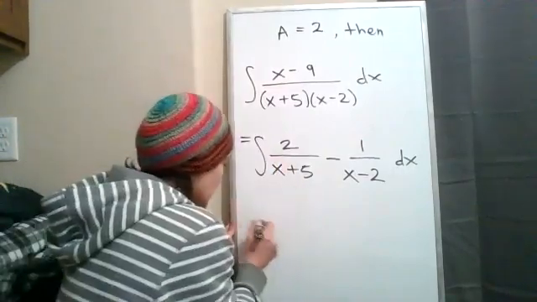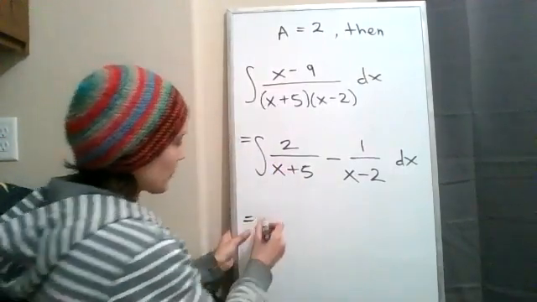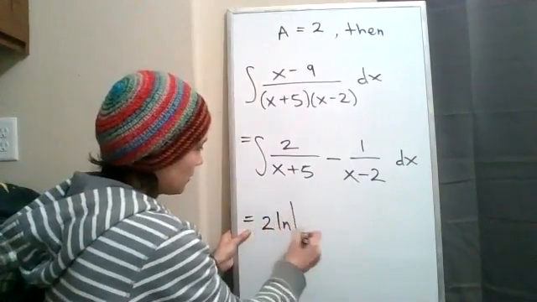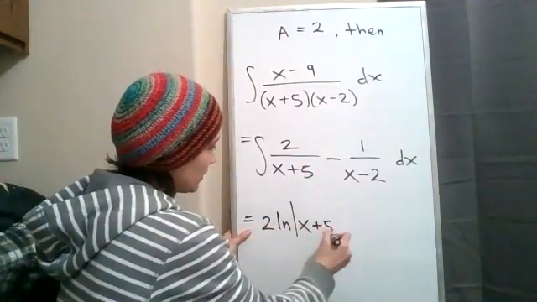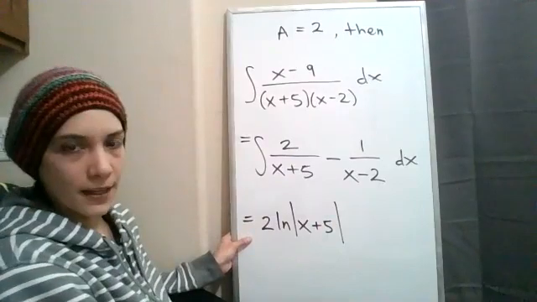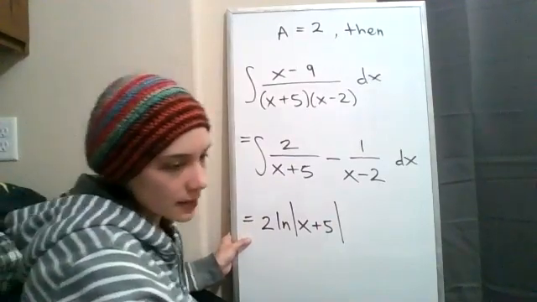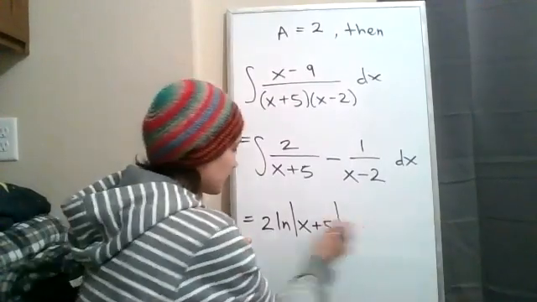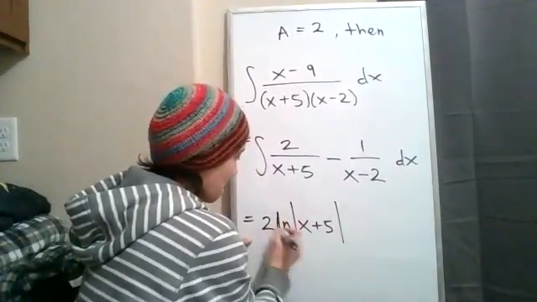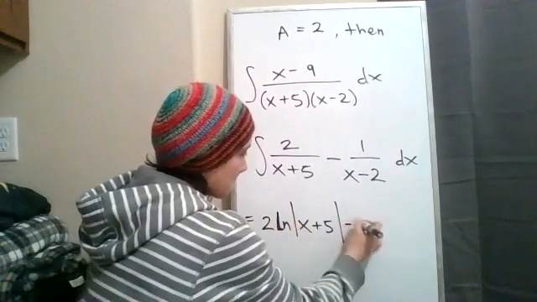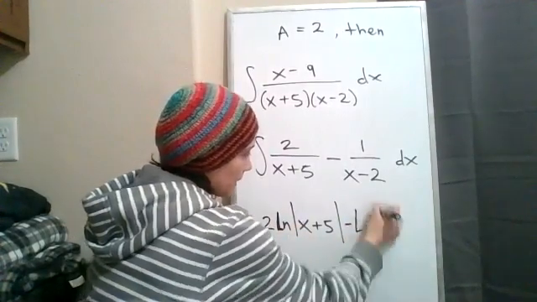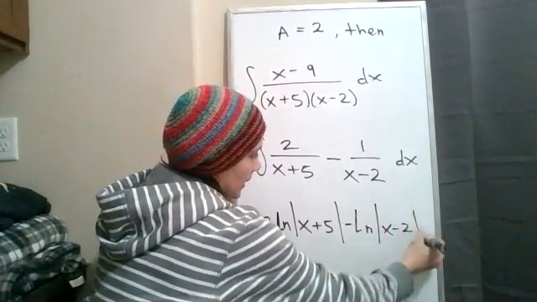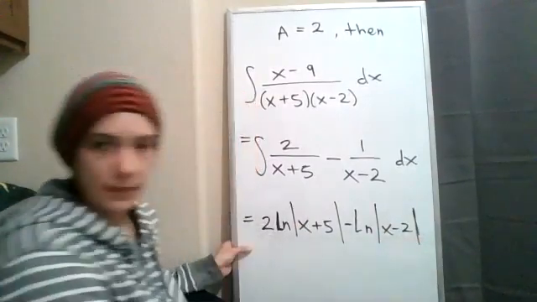Okay, so here's the answer: 2 ln absolute value x plus 5, subtract ln absolute value x minus 2, and then add C.